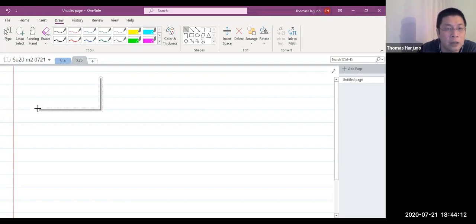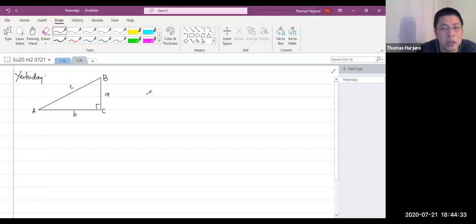Yesterday we learned that we define the trig functions on a right triangle as follows. If this is triangle ABC, where this is vertex A, this is vertex B, this is vertex C, then sine A equals a over c, cosine A is b over c, and tangent A is a over b.